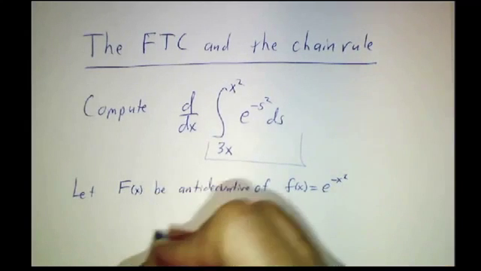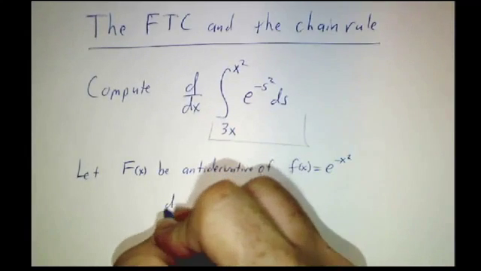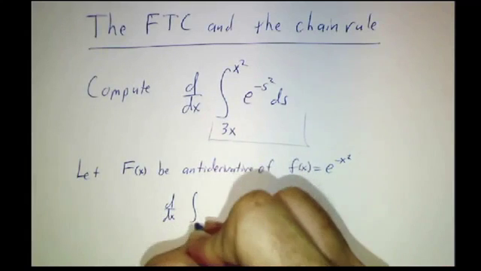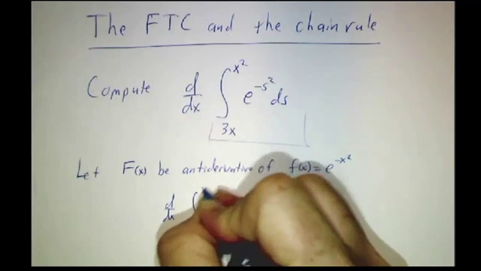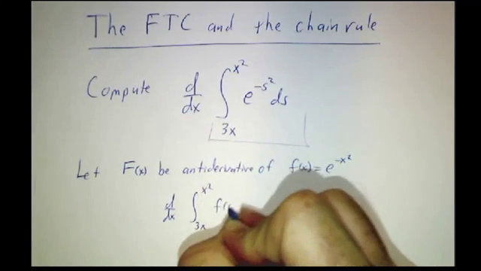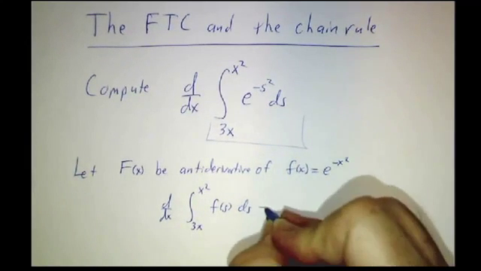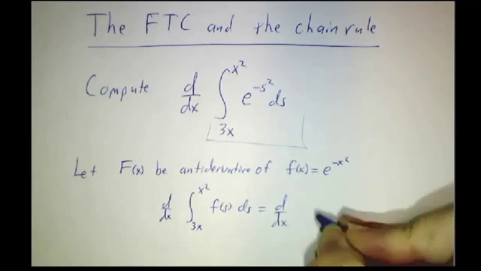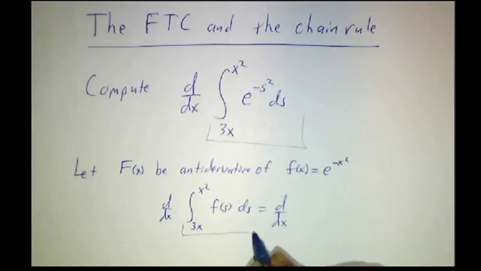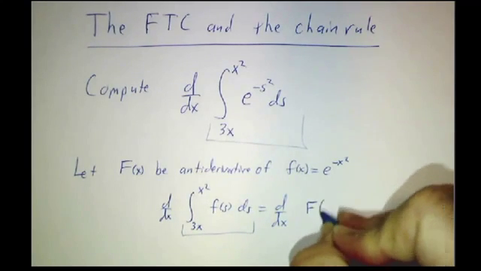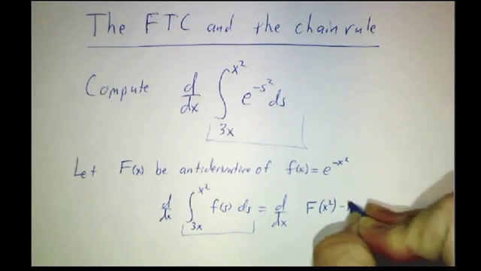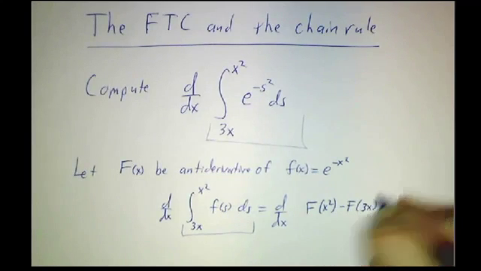So we are trying to take the derivative of the integral from 3x to x squared of f of s ds. Well, we use the second fundamental theorem of calculus and say that to do this integral from 3x to x squared, we just take big F of x squared minus big F of 3x.